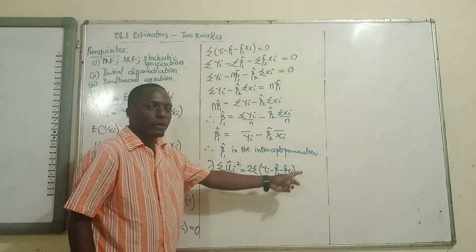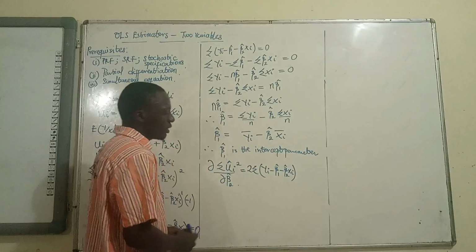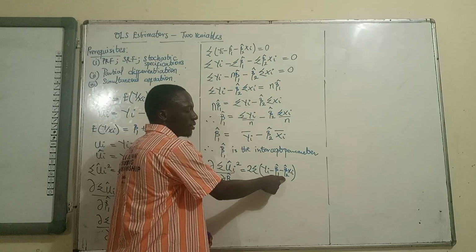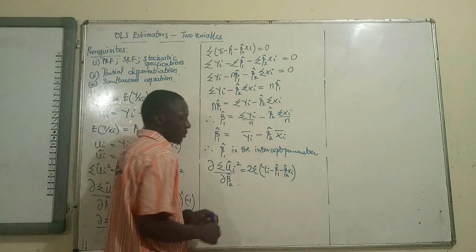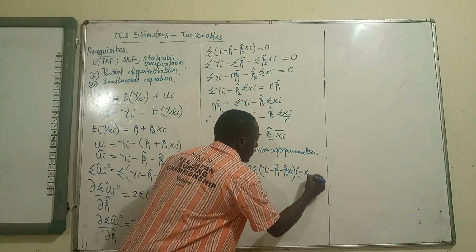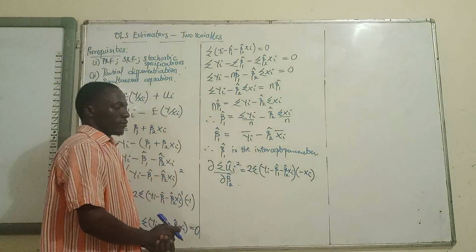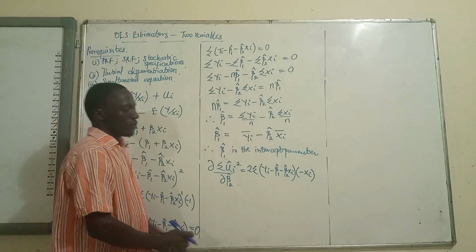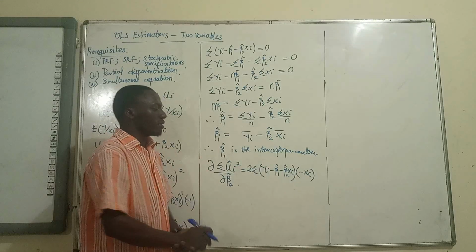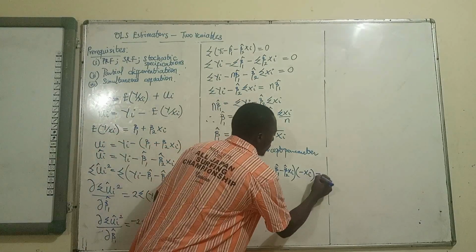So we subtract 1 from that power, we have raised to power 1 here. Then we multiply it by the derivative of everything that is inside here, but with respect to beta 2 cap. So you have minus xi there. Of course, when you differentiate everything that you have here with respect to beta 2 cap, you have minus xi. Then you set it equal to 0.